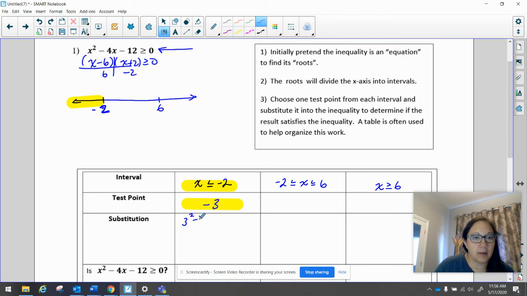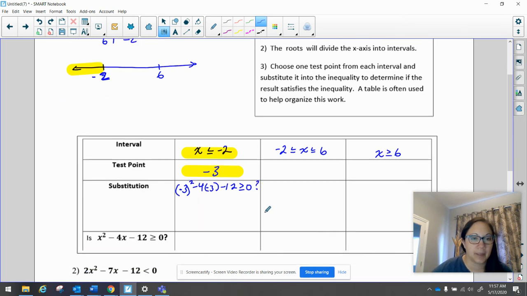So -3 squared minus 4 times -3, not 3. Better put brackets around that. (-3) squared minus 4 times -3 minus 12. Is that greater than or equal to 0? So that's the question. (-3) squared is 9. -4 times -3 is plus 12. And I've still got my minus 12 is greater than or equal to 0. So here I'm getting 9 is greater than or equal to 0. And that is true.